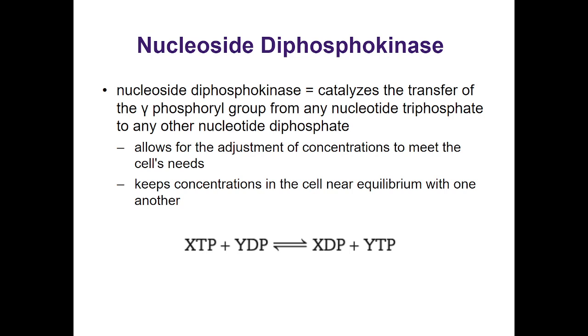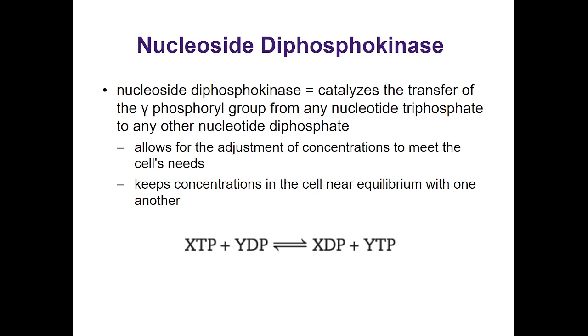The nucleoside diphosphokinase is going to catalyze the transfer of the gamma phosphoryl group from any nucleotide triphosphate to any other nucleotide diphosphate. This is the one that allows for the adjustments of concentrations to meet your cell's needs.